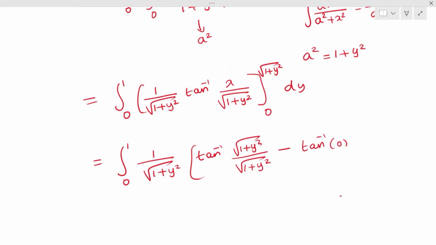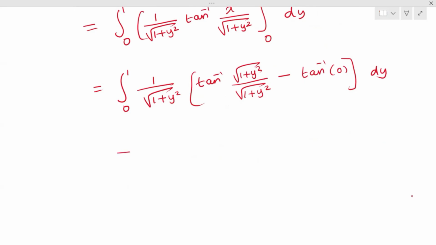Here we have to substitute the limit for x into dy. So it becomes tan inverse of 1. We know tan inverse of 1 is nothing but pi by 4. So 0 to 1, 1 by root of 1 plus y square into pi by 4 dy.